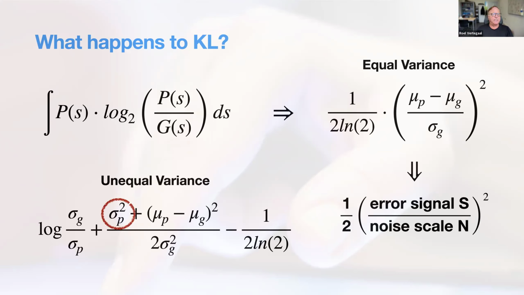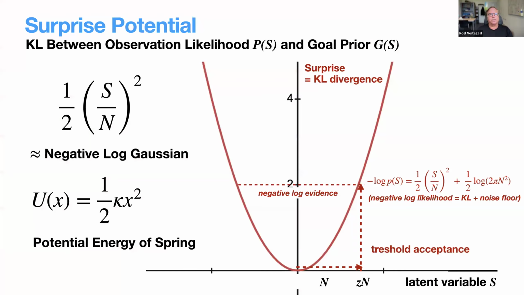And then we are left with this factor here, which is the variance, in this case, of the progress distribution or posterior, that is added. So this allows us to make a huge simplification. We can say, well, it really is just the difference between where you are and where you need to be. That's an error signal, and we call that S. And we divide that by a noise scale, N. And now we get a signal-to-noise ratio, and not just that, we get half the signal-to-noise ratio squared.